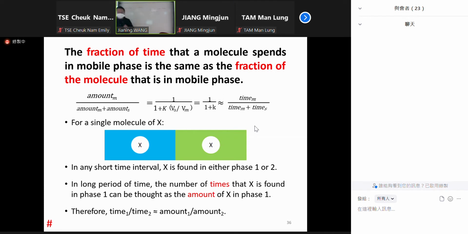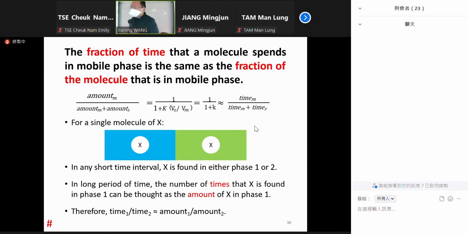We have, considering we only have a single molecule, and we can consider the left one, the blue part, is the mobile phase, and the green part is the stationary phase. So for the single molecule X, in any short time interval, X is found in either phase 1 or phase 2, because there's only one, so it can only exist in one position.